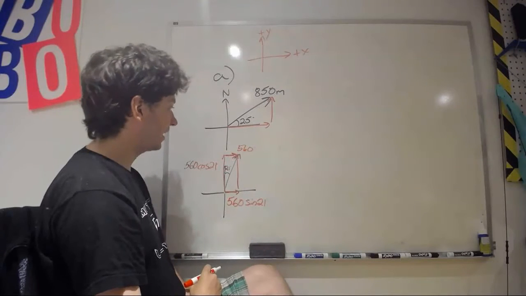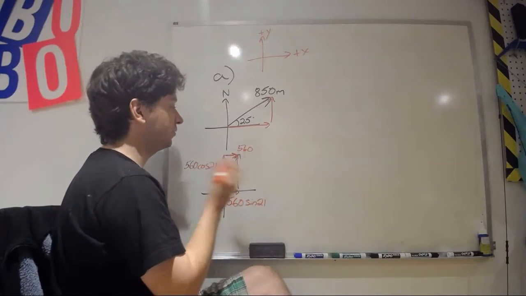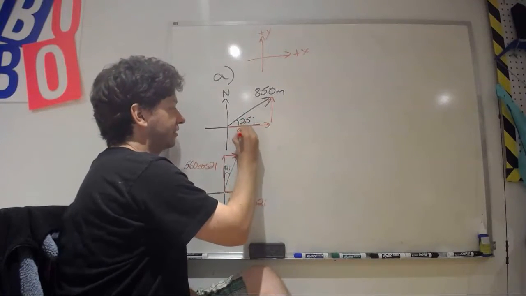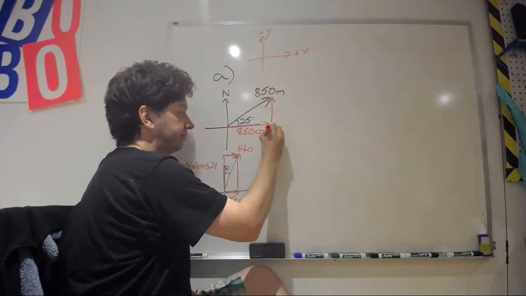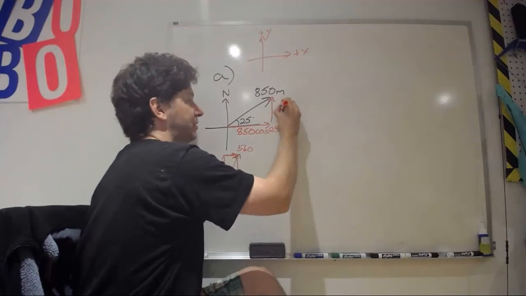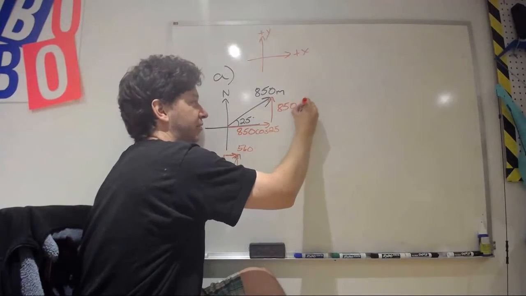Alright, so there's our x and y. We'll write the same thing for this one. This one, your x is going to be 850, since it's adjacent, it's cos 25. And this one's 850 times the sine of 25.